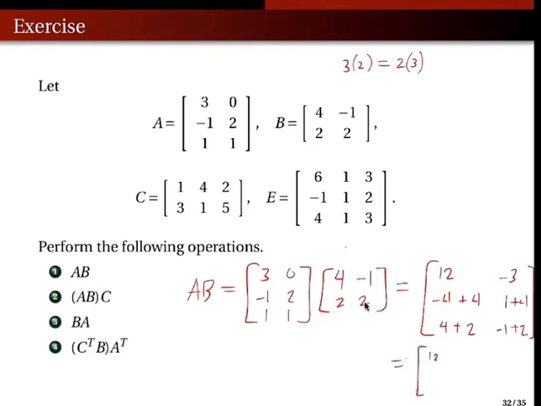You have 12, and then 4 minus 4, that's 0. And then 4 plus 2, that's 6. And then this is negative 3 here. You have 1 plus 4, so that's 5. And then negative 1 plus 2, that's positive 1. So this is the product AB.